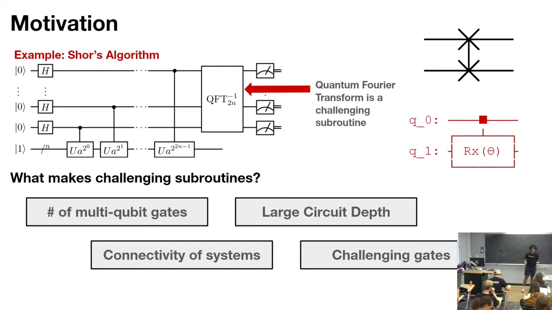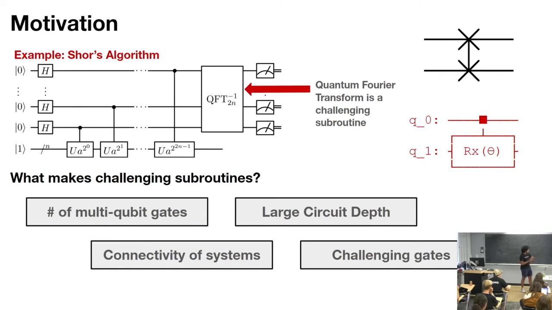The connectivity: sometimes we want to entangle one qubit with another qubit, but it's physically not possible on our chip. And the gates themselves. Sometimes we want to just rotate a qubit by a certain angle, and that's relatively easy. Other times we want to perform operations that are not as easy; a controlled Rx rotation or a swap gate are two examples of more challenging gates to implement.